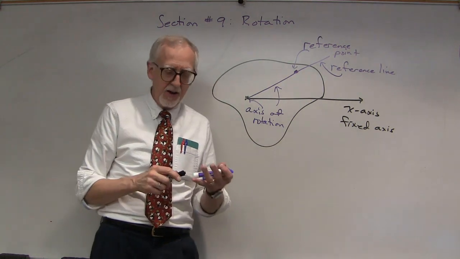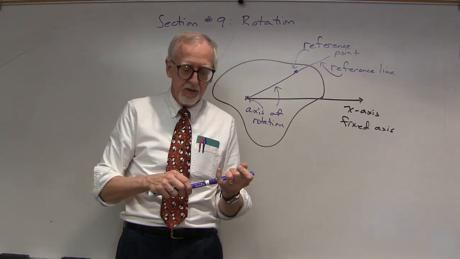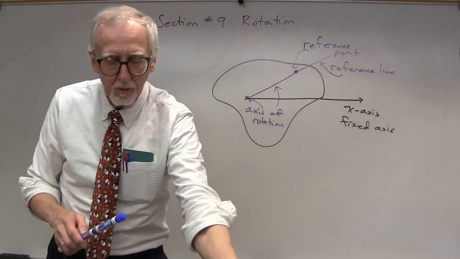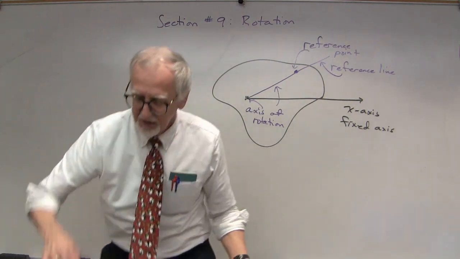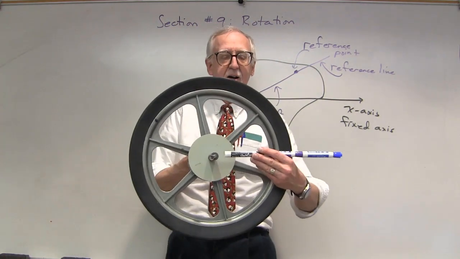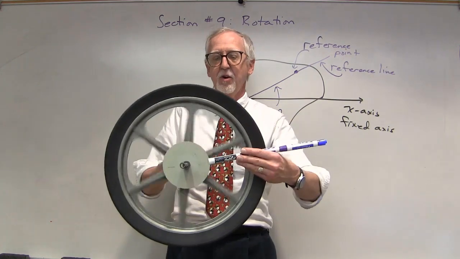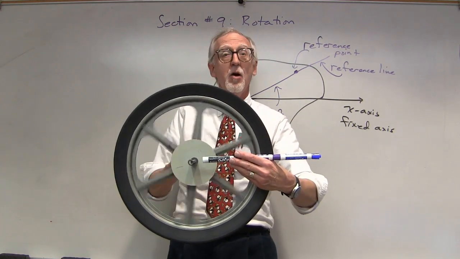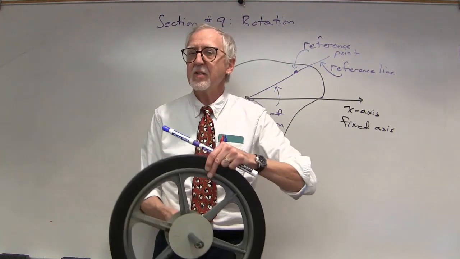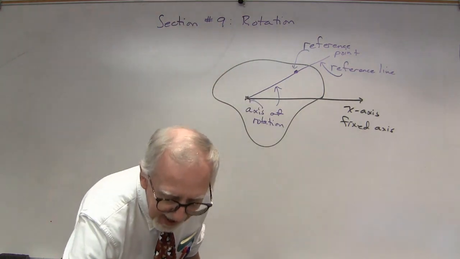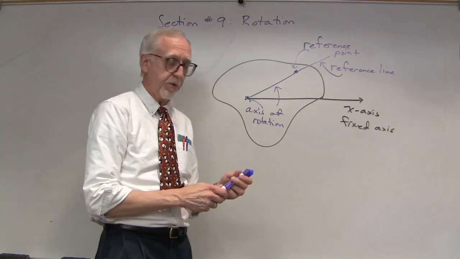If we were going to talk about, say, this wheel moving around, we might define an x-axis like this, pointing in the x direction, so as the wheel turned, the x-axis remains stationary. The reference line rotates around, but the fixed axis stays where it is.